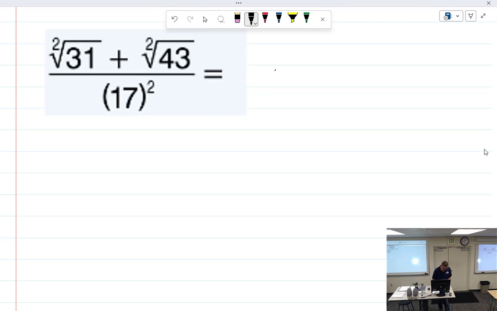All right, so we got, let's see, square root of 31.5 plus square root of 43.6 divided by 17 squared, 289.